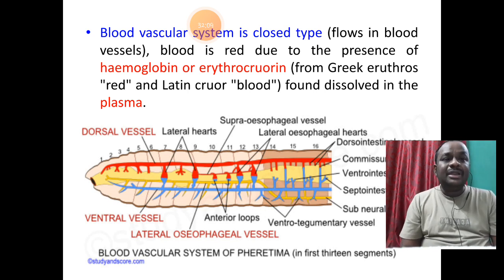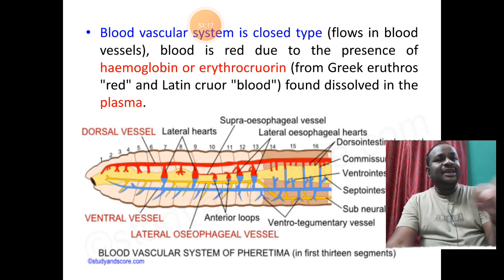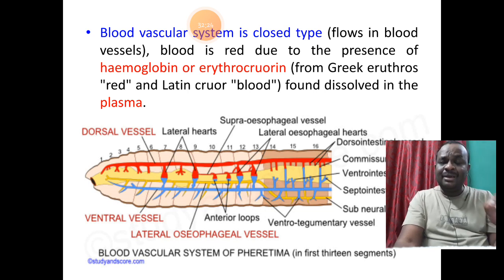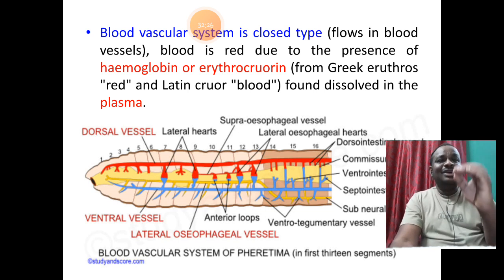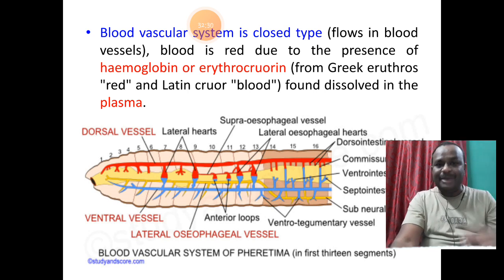The term erythros refers to red and Latin cruor refers to blood, and hence hemoglobin is also called erythrocruorin. So where is the location of hemoglobin in the blood of annelids? It is in the plasma.